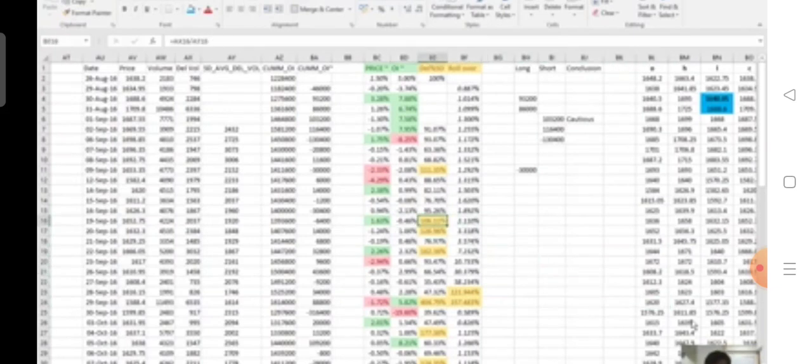So there was a slight build-up in open interest, slight build-up in deliveries, but those were not substantial enough to take a major trend following into the market, right?